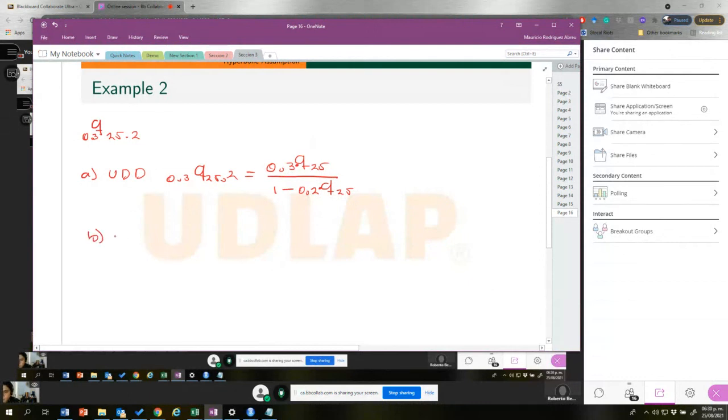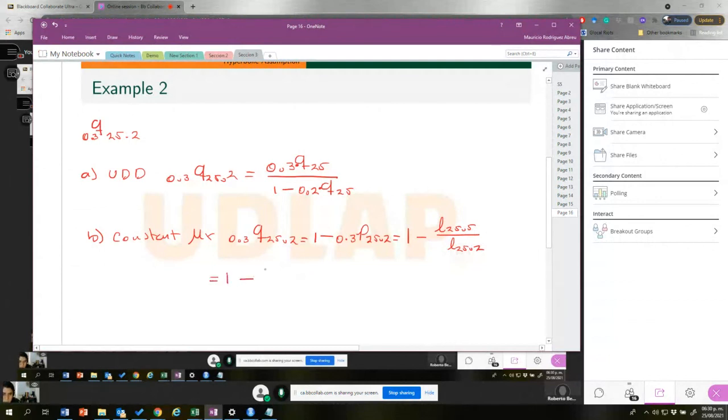Now B, under constant force of mortality, 0.3 q of 25.2 is 1 minus 0.3 p of 25.2, which is 1 minus l of 25.5 over l of 25.2.